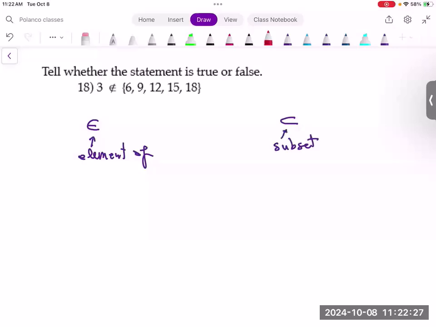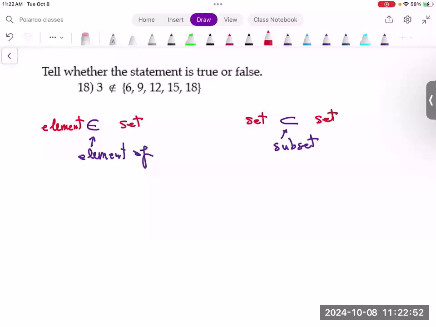So now there is like a grammar for these two symbols. Every time you are using these symbols, you can have only an element here, and here you can have a set. Whenever you have a subset, you can use it only between a set and a set. Does it make sense? You understand what I'm saying, right?